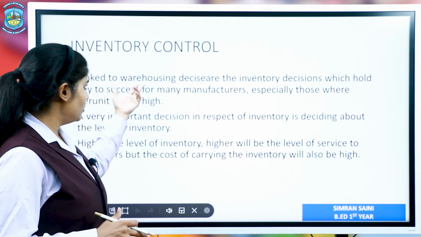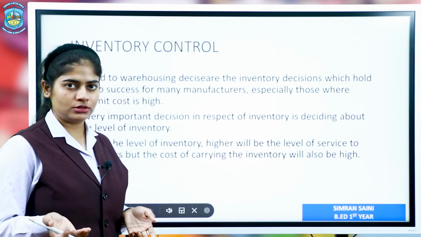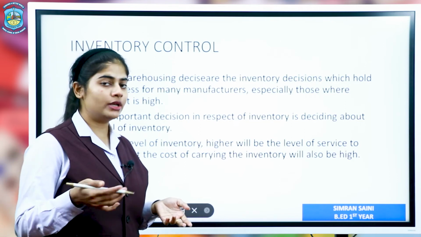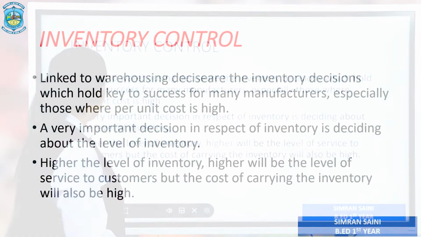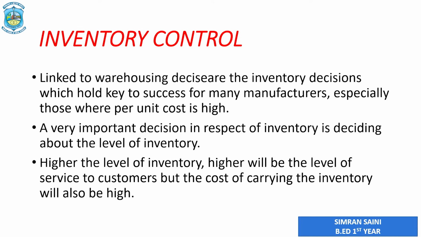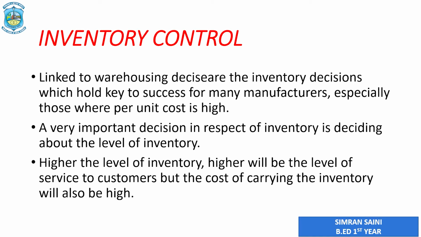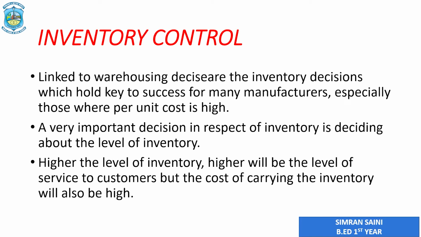It is linked to the warehouses. Warehouses are really very important, as we have discussed. A very important discussion with respect to inventory is deciding the level of inventory, as I have said, whether the product is needed in bulk or in less.